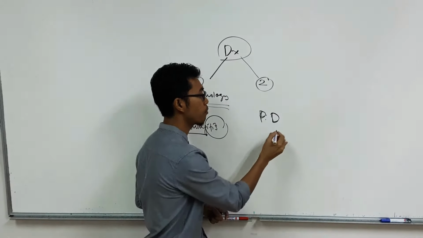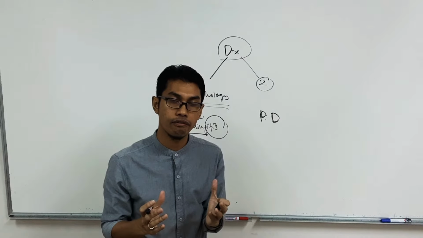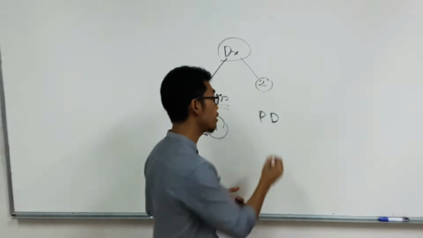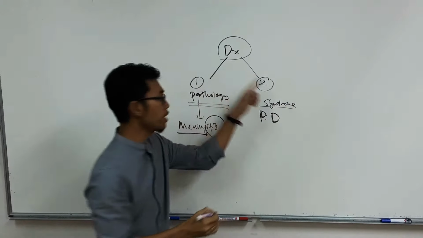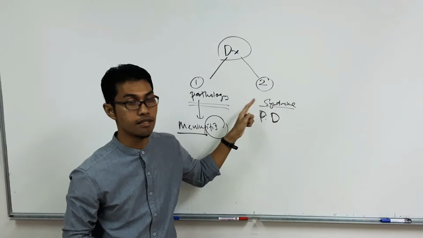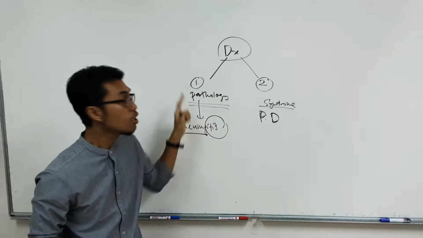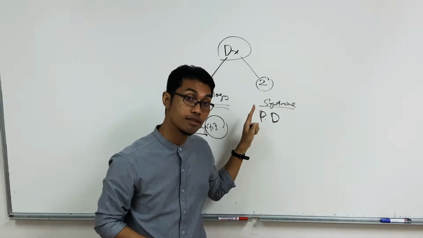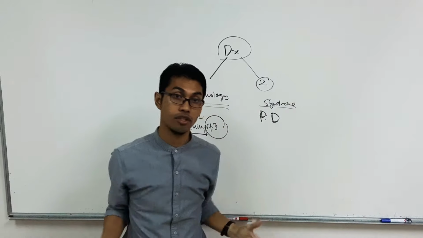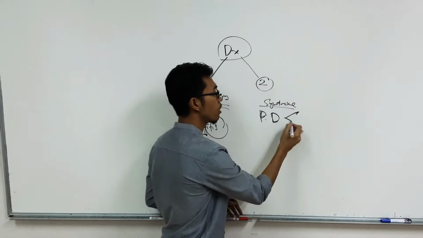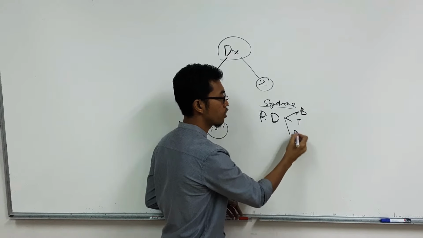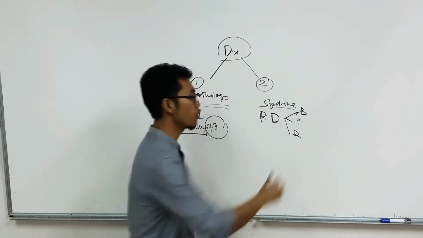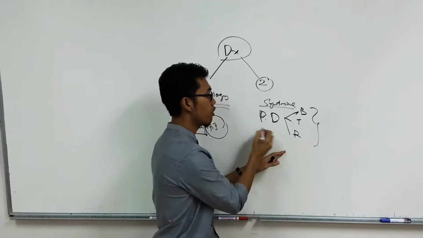We diagnose them based on a set of symptoms that we call a syndrome. So for this second type of illness, we do not diagnose them based on pathology. We diagnose them based on syndrome, which is a collection of symptoms. For Parkinson, you're looking for bradykinesia, tremor, and cogwheel rigidity. If you have all these three, then you have Parkinson disease.